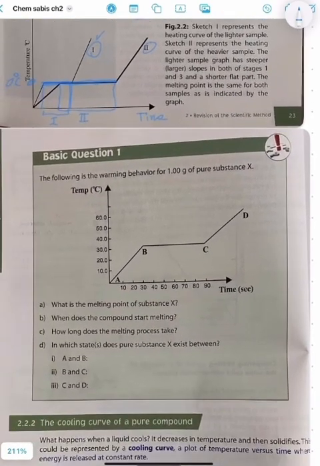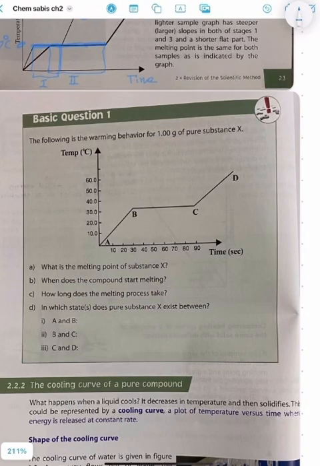Let's go to basic question. The following is a warming behavior of 1 gram of a pure substance. We do not know what this substance is. What is the melting point of the substance? Where is it? Look, straight line, go, go, go. This is your melting point. So it's basically, let's say, approximately 32 Celsius.